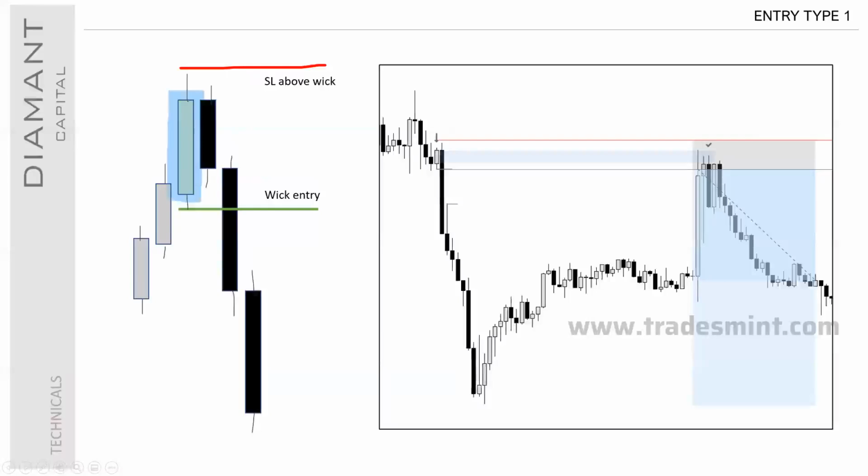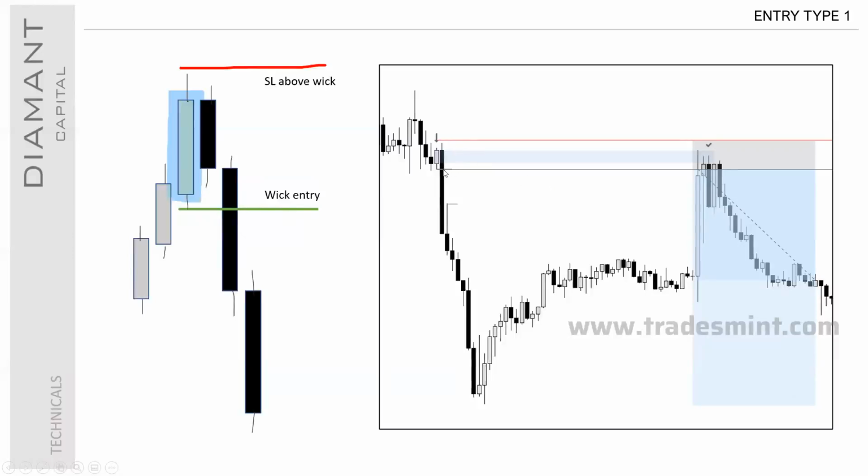Now, how do we use this? You've got different types, different entry points. First one, I would say, is the wick entry, depending on how big the candle is, because sometimes, as you can see from this candle right here, the wick is very far from the body. But because we're looking at a refined entry of this order, you've got to understand one thing.